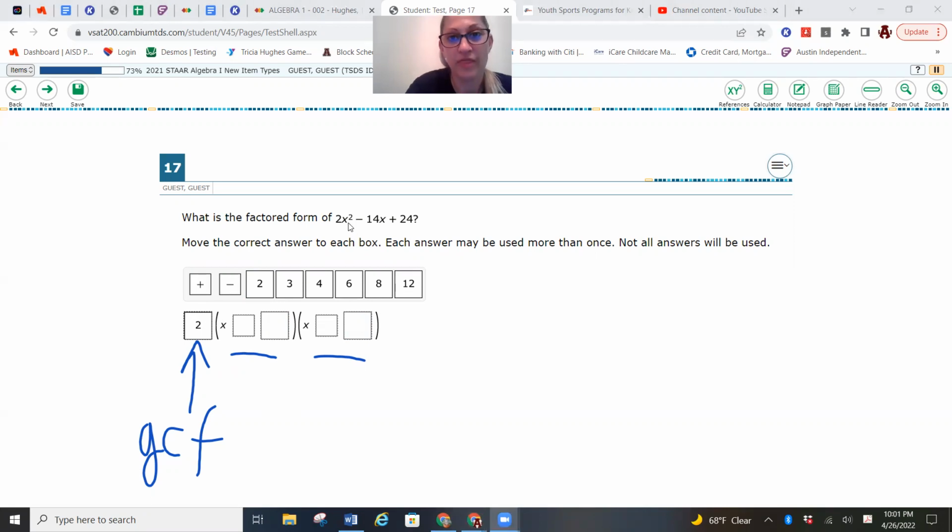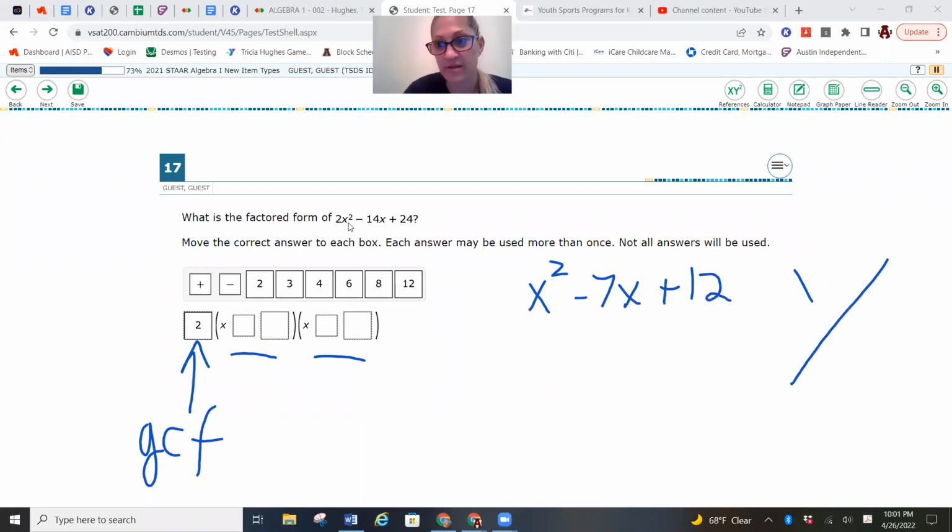Okay. That will now leave me with x squared minus 7x plus 12. You can factor that. Now that you've made that a 1 because you've divided everything by 2 and you've put the GCF on the outside, what multiplies to 12 and adds to negative 7? What 2 numbers multiply to 12 and add to negative 7?